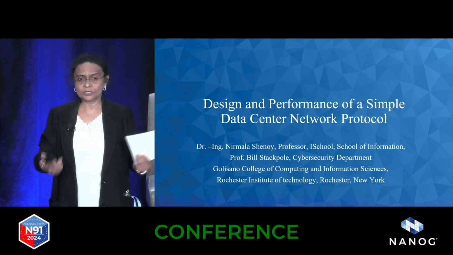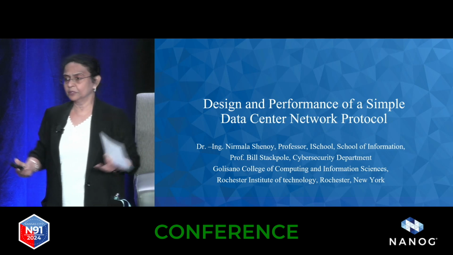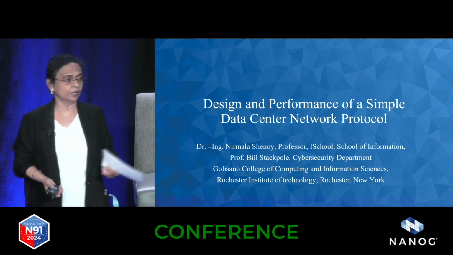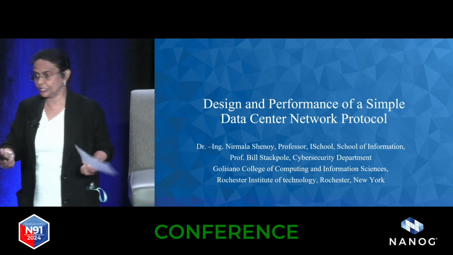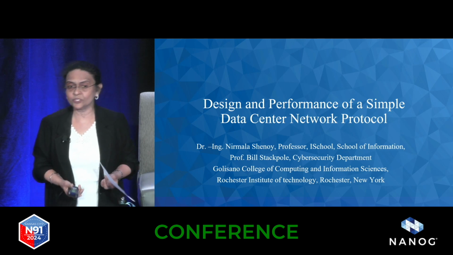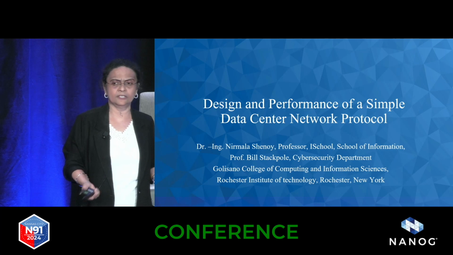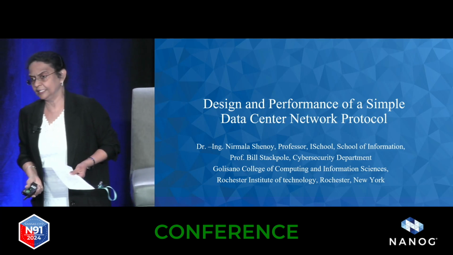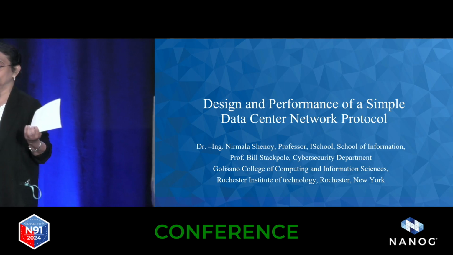I'm also going to give you some results of the most popular protocol suite used on Folded-Clos topology data center networks, which is BGP and ECMP for load balancing. And in some cases, it is good to use BFD because that speeds up failure detection. So that is the comparison that I'm going to be making.